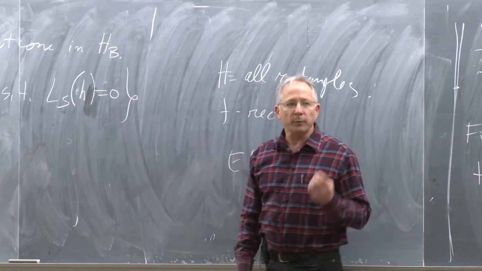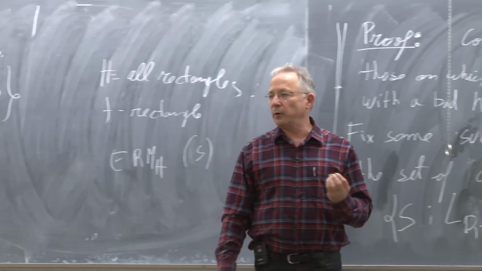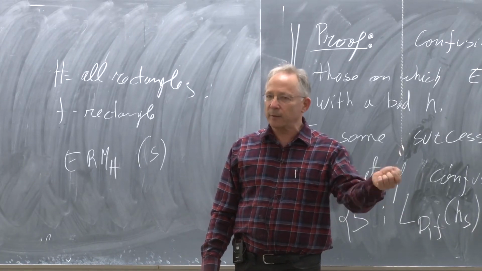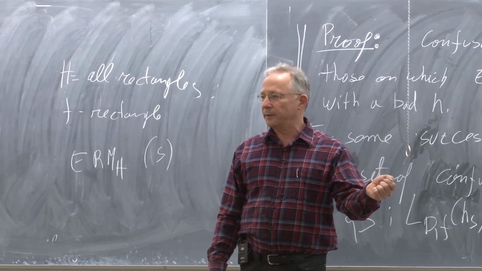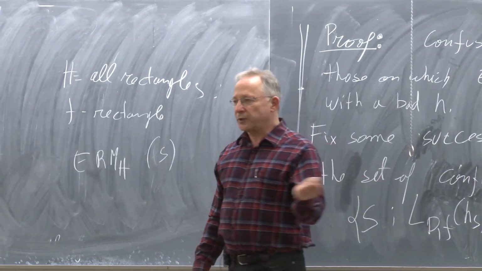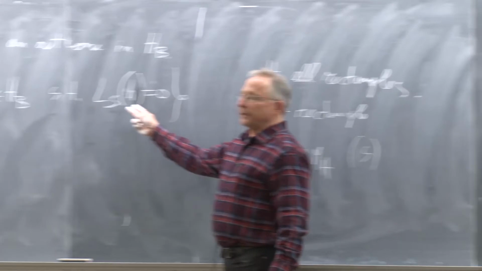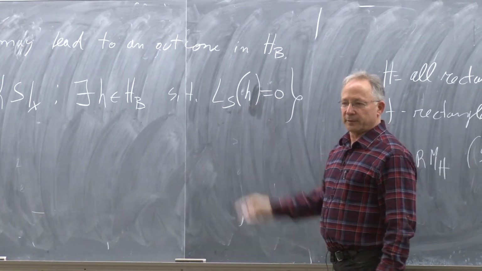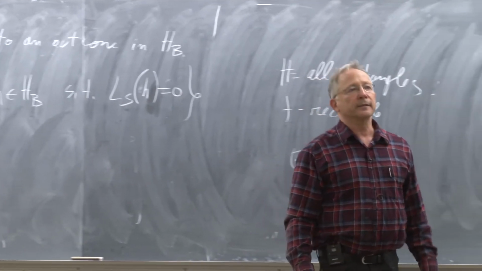I already have someone that makes 0 error on the sample. So if ERM is going to pick someone else, this someone else must also have 0 error on the sample. The question is, could I have a bad one that still has 0 error on the sample? The good one will always have 0 error on the sample. Okay? Yes?